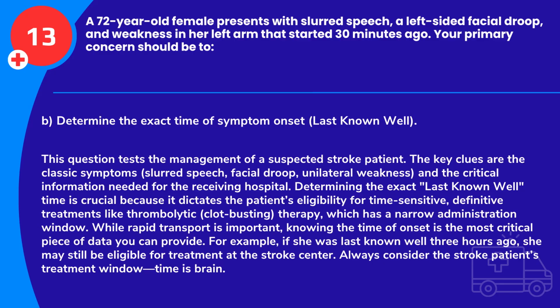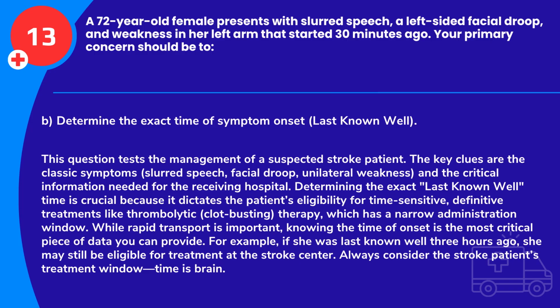This question tests the management of a suspected stroke patient. The key clues are the classic symptoms: slurred speech, facial droop, unilateral weakness, and the critical information needed for the receiving hospital. Determining the exact last known well time is crucial because it dictates the patient's eligibility for time-sensitive, definitive treatments like thrombolytic, clot-busting therapy, which has a narrow administration window.